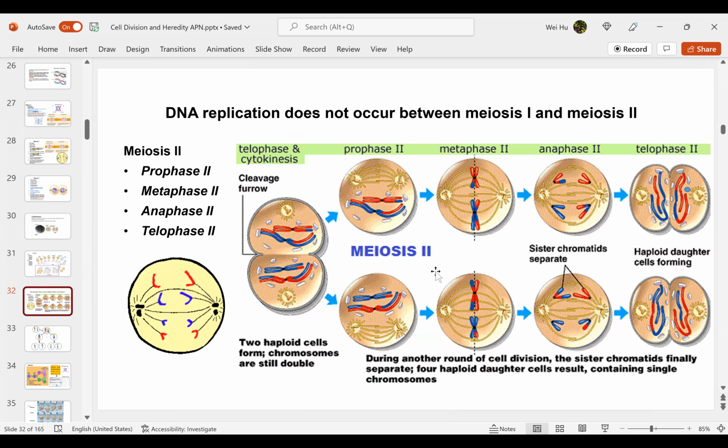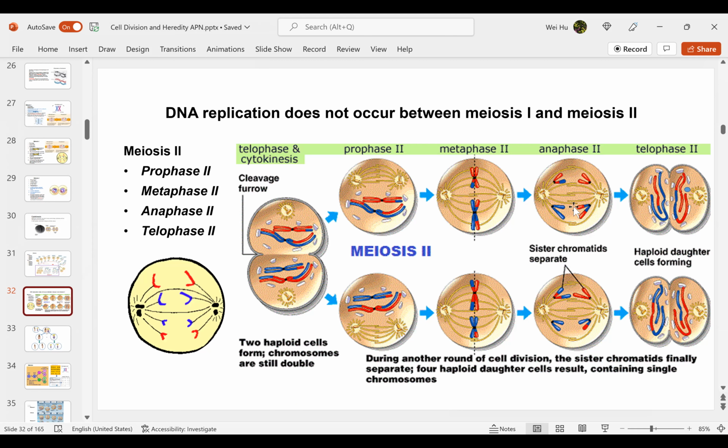So what you can see here, if you are not going to divide, then they can go to meiosis 2, right? So you can see here, these chromosomes were separated. So here in meiosis 2, you get chromatids separated.